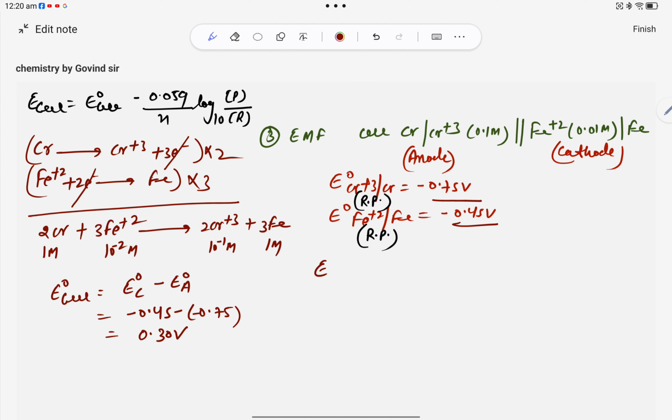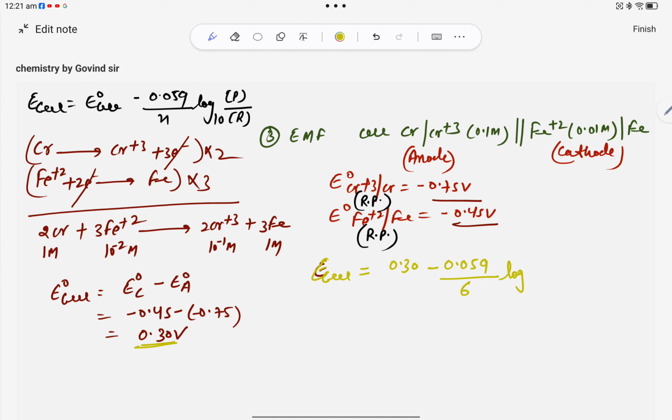E cell is equal to E naught, 0.30 minus 0.059 upon total electrons transferred 6 log.